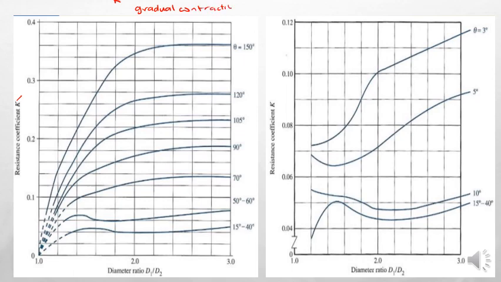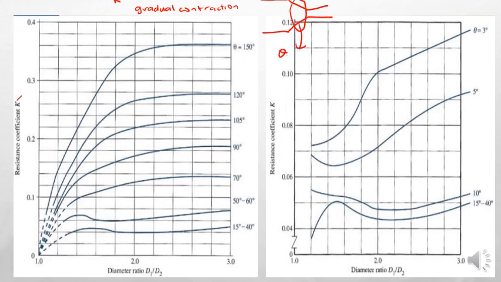Remember that the gradual contraction is like this. The shape moves from the bigger to a smaller, where it has a kind of cone shape here, and this cone shape has an angle.